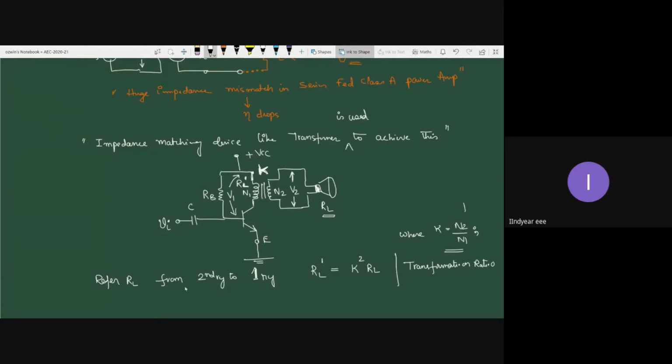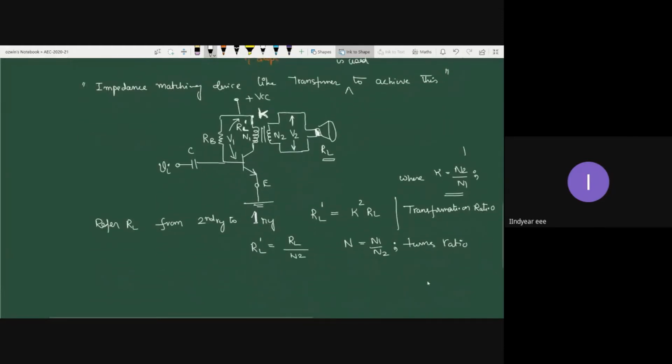In a few books they will also write RL dash as RL divided by N squared. Remember, N is equal to N1 by N2, which is called the turns ratio. So there is a difference between transformation ratio and turns ratio.